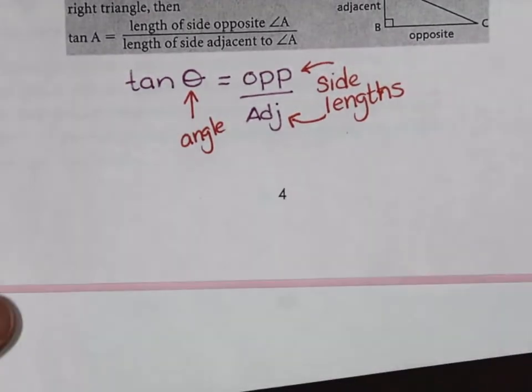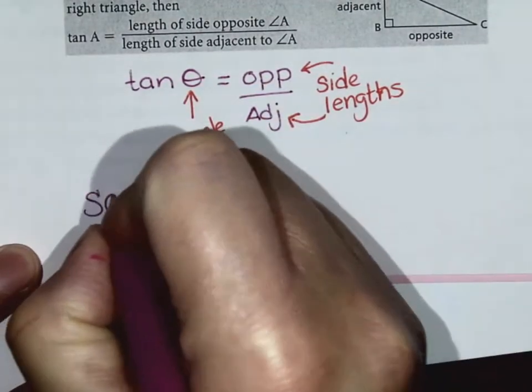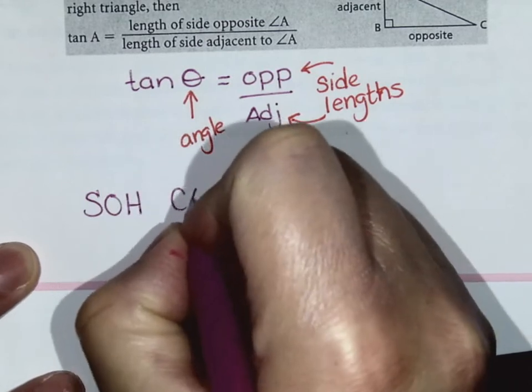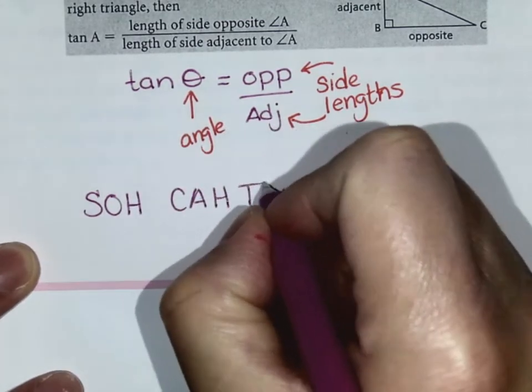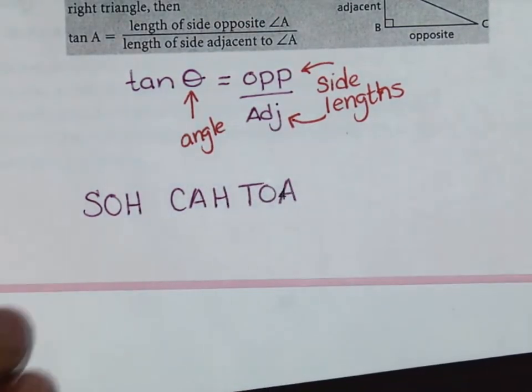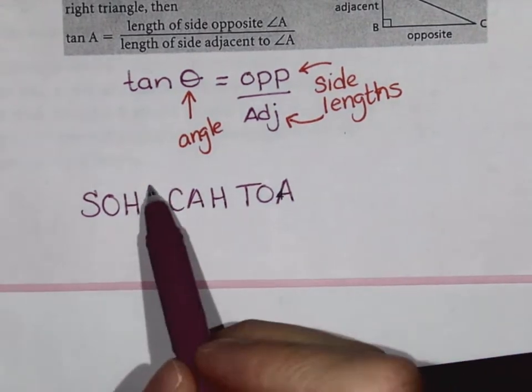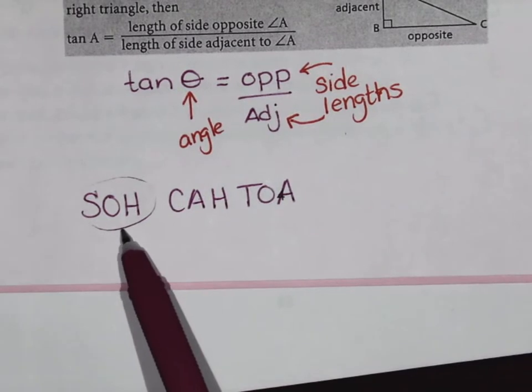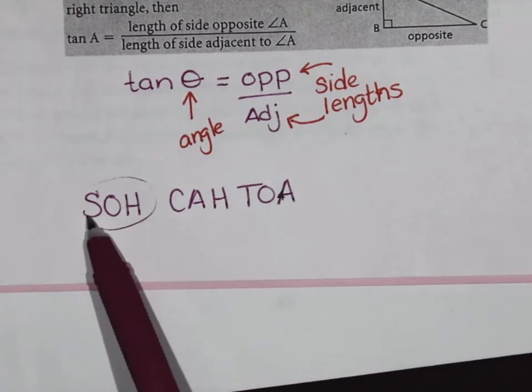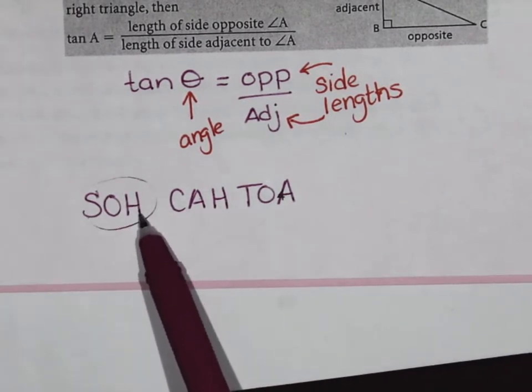Okay, so the SOHCAHTOA. This is the one that everybody remembers for trig functions. SOH is your sine. Sine of the angle is equal to opposite over hypotenuse.